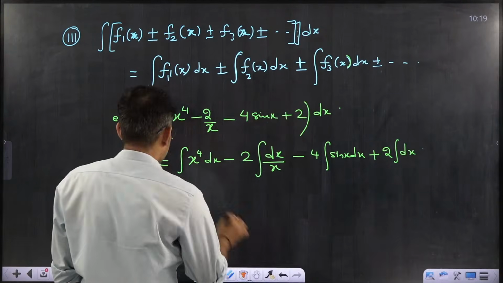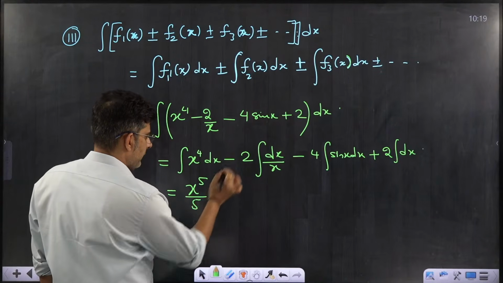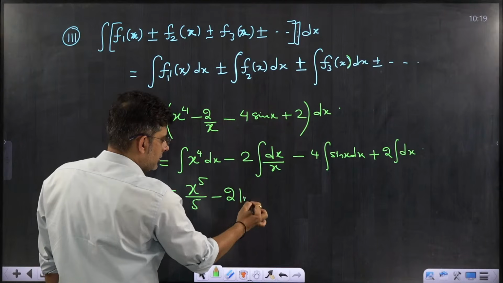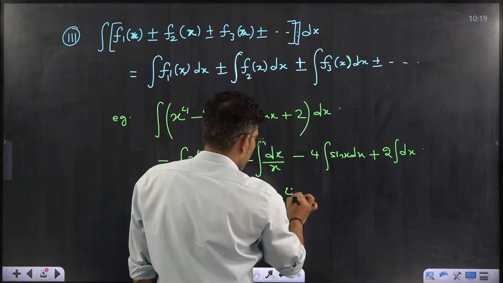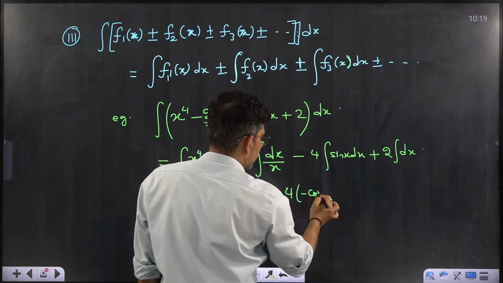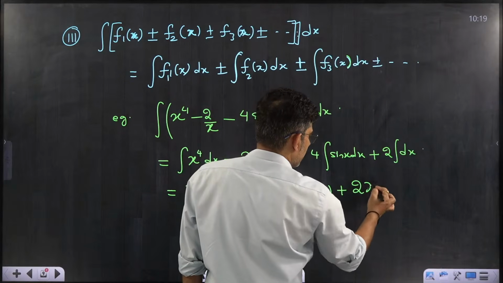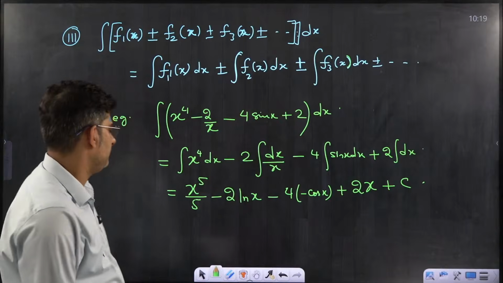That's it. Now you can write x to the power 5 by 5. Integration of 1 by x we have seen is natural log x. Sin x gives minus cos x. And just dx gives x. And you have to put the arbitrary constant c at the end.